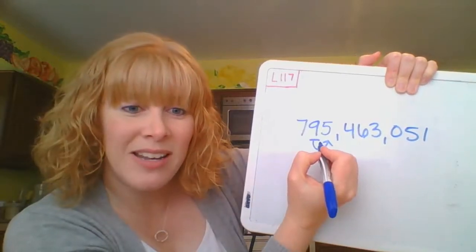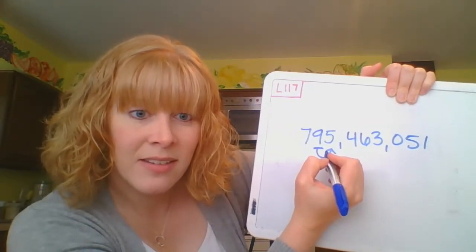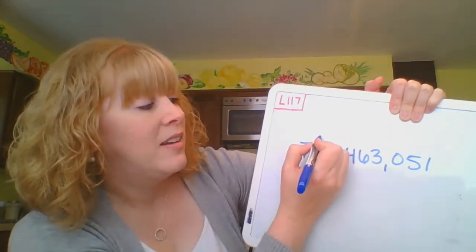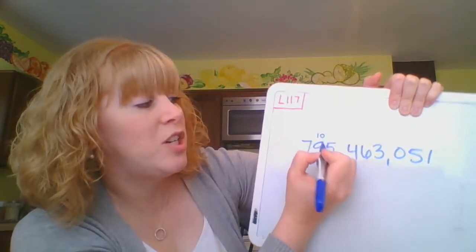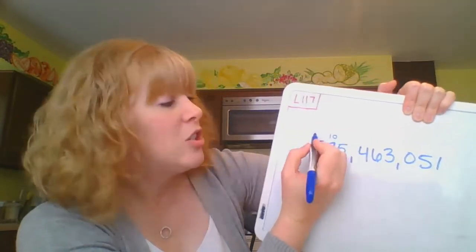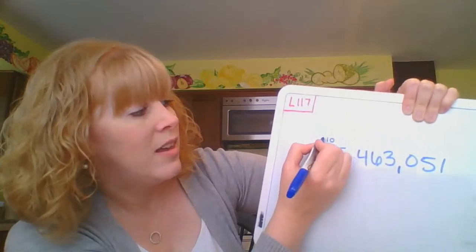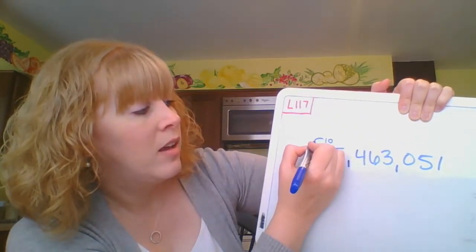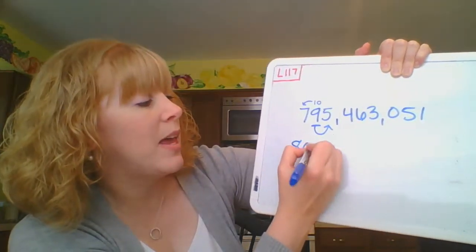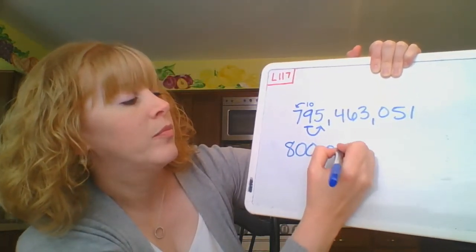If I add 1 to 9, what happens? 9 plus 1 is 10. And I can't fit a 2-digit number in a single-digit spot. So actually, that 1 would go over to my 7, and this would become 800 million.